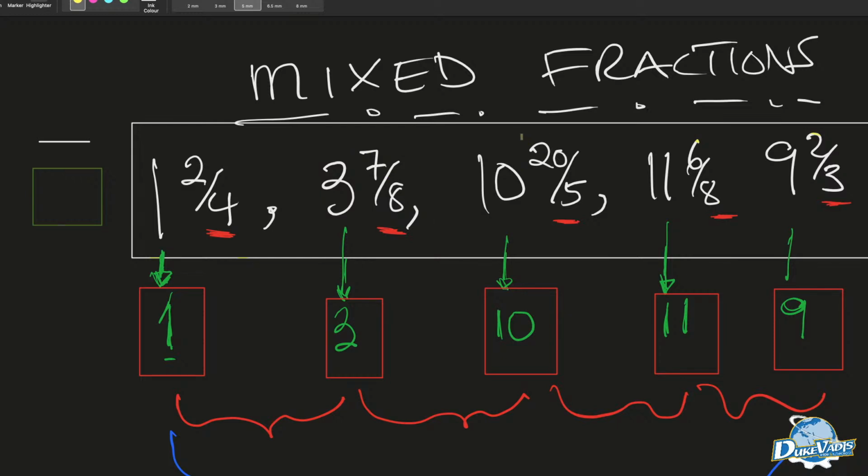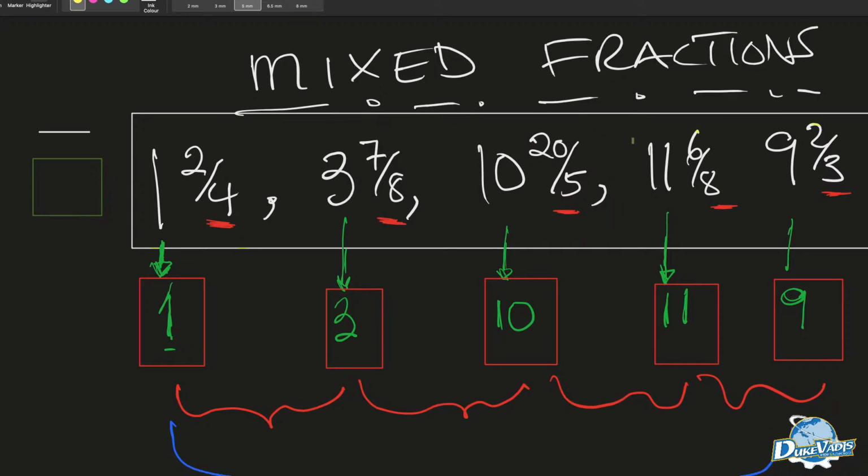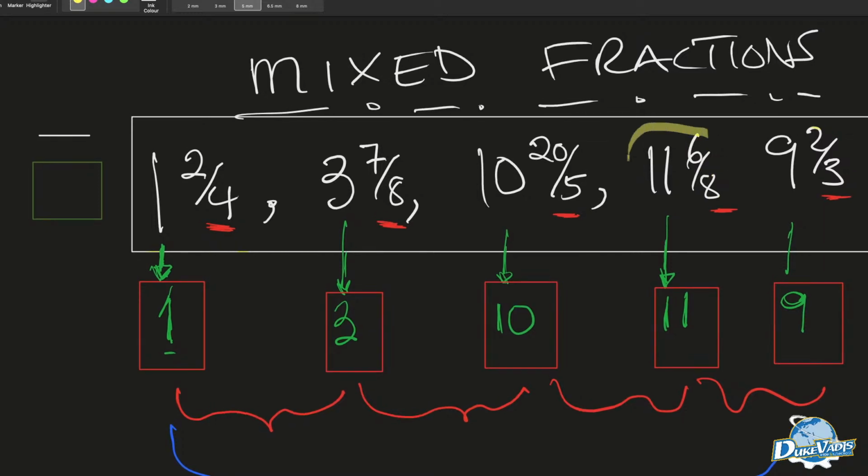When we look at 10, it's also mixed in with our fraction 20 over 5. You see, it's becoming interesting. Now let's look at 11 and 6 over 8. You see, 6 over 8 is a fraction, which is mixed with 11. So we call it mixed fraction. Then 9, 2 over 3, we call it mixed fraction.